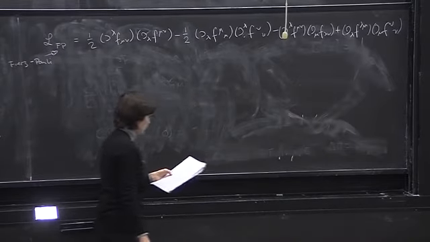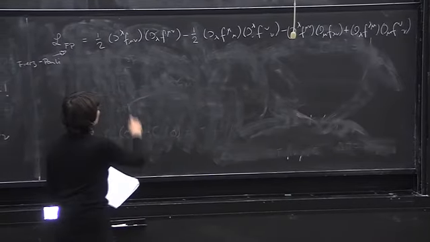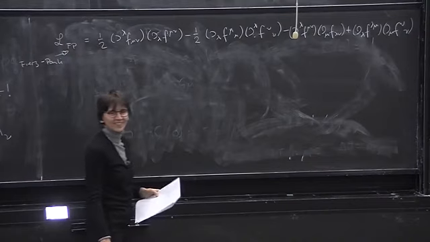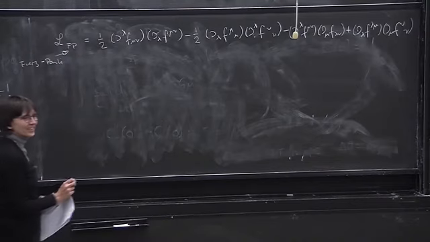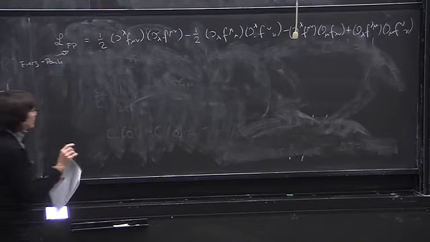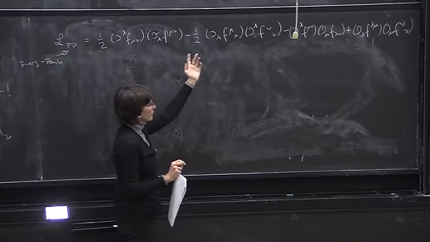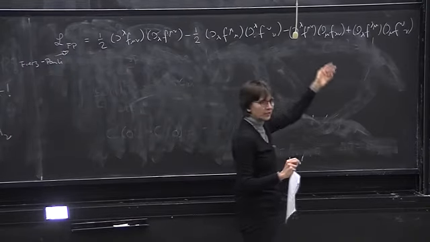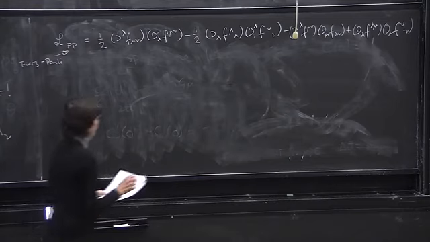Okay, so that's characteristic for gravity. Your arm hurts just from writing down this Lagrangian. And you see an answer to who asked the question before. It's quadratic in the first derivatives of f.